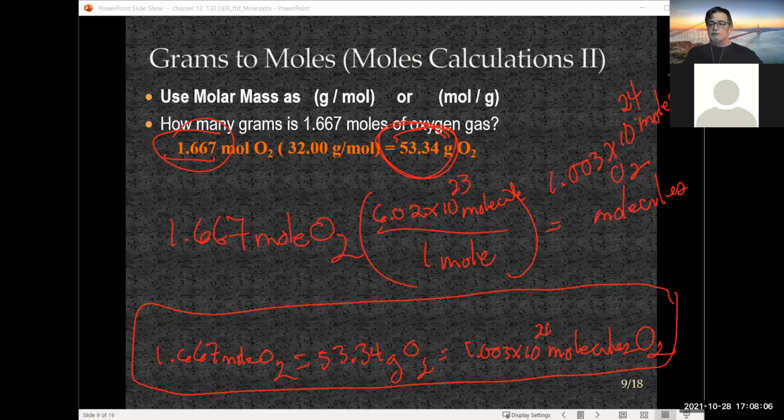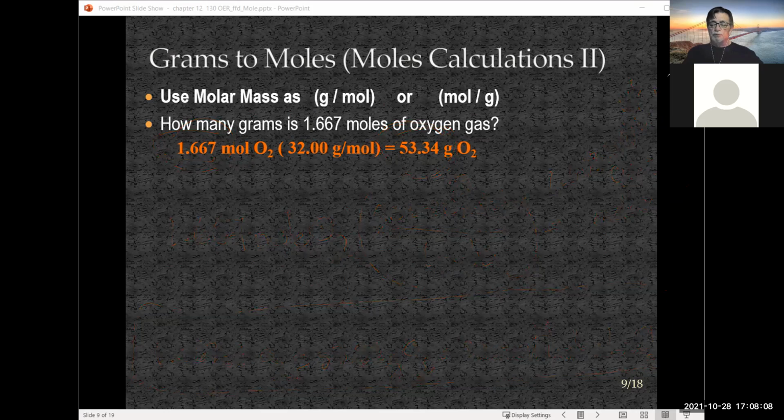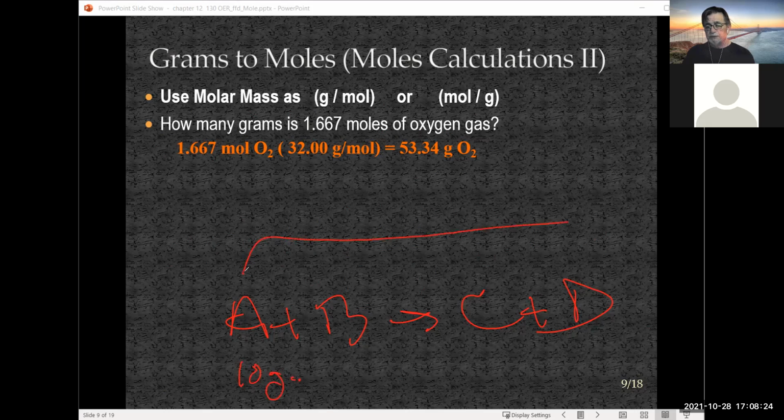Now we're going to utilize the mole all the time. The mole is important here in these calculations because when we start dealing with reactions, okay, A plus B to give us C plus D, if I start off with 10 grams of this and I want to figure out how many grams of D I make, I cannot go directly.